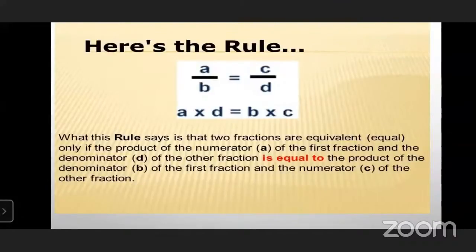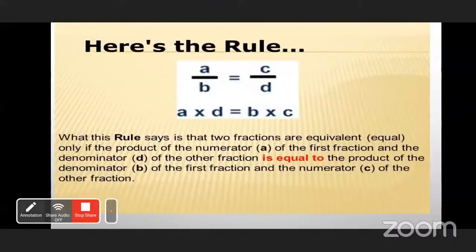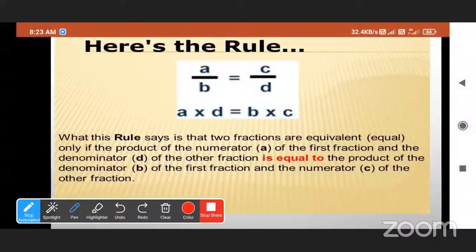If the multiplication of both are equal, then the fractions are equivalent. See here, a upon b is equal to c upon d. So if a multiplied by d is equal to b multiplied by c, then the fractions are equivalent.